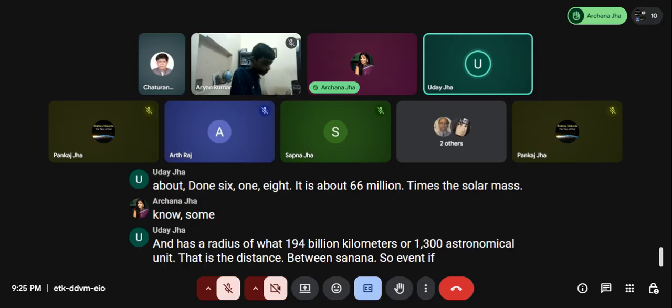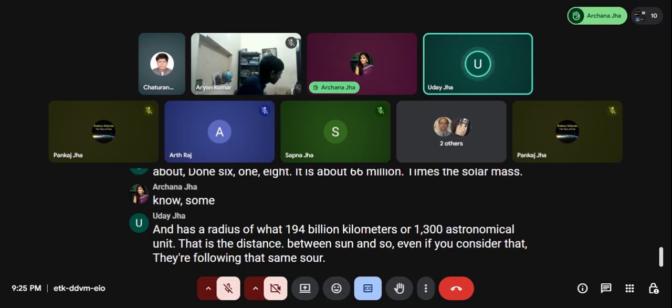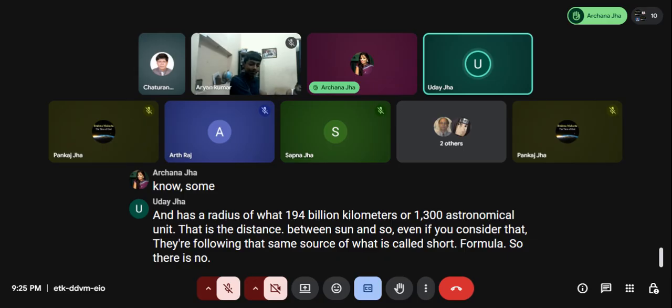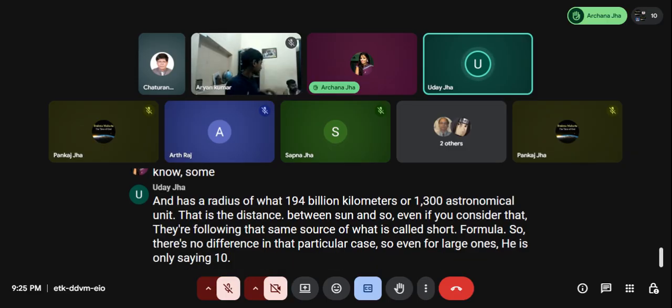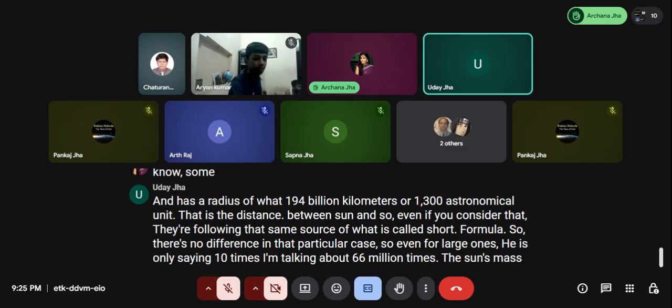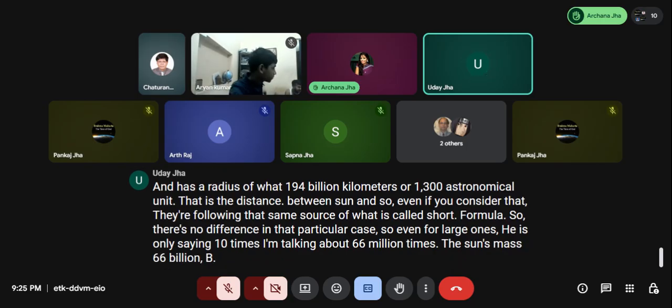So even if you consider that they are following the same Schwarzschild formula, there is no difference in that particular case. So even for large ones, he is only saying 10 times. I'm talking about 66 million times the Sun's mass. 66 billion, billion with the letter b.